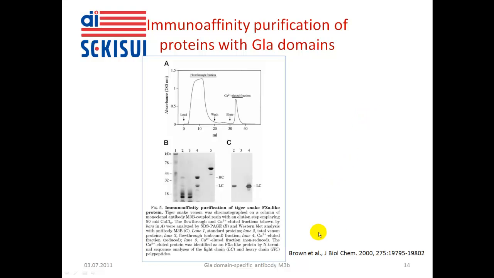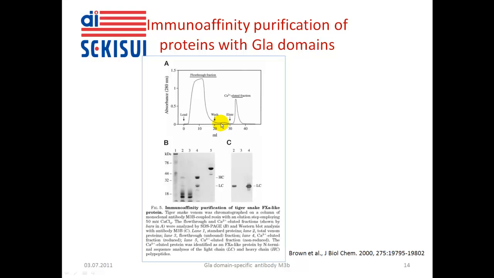And here you see an experiment also from the publication of Brown and colleagues, where they have immunoaffinity purified tiger snake factor 10A-like protein from crude snake venom. What they basically did, they loaded a column with immobilized M3b with the snake venom.